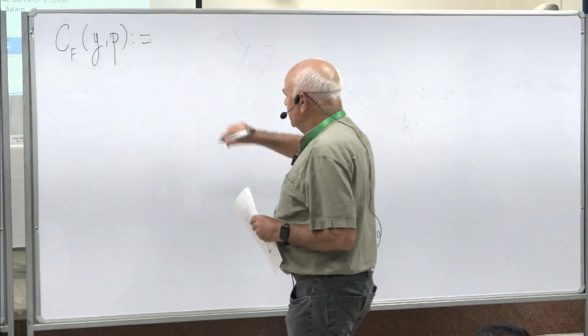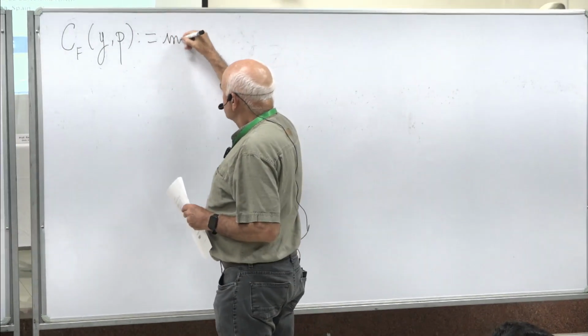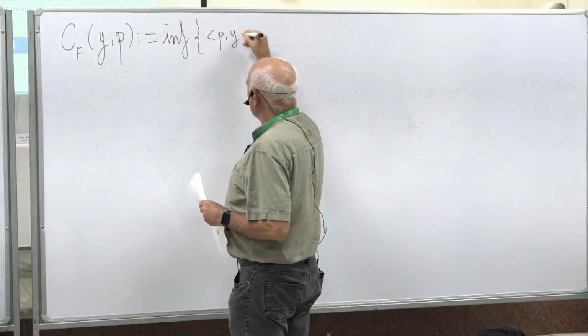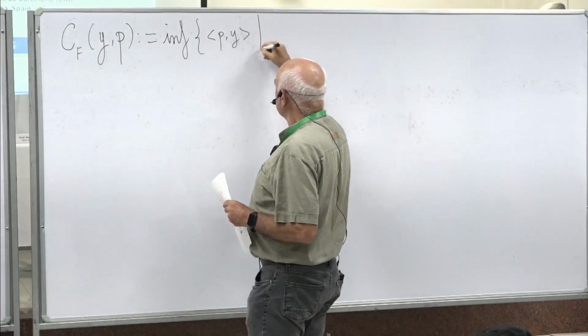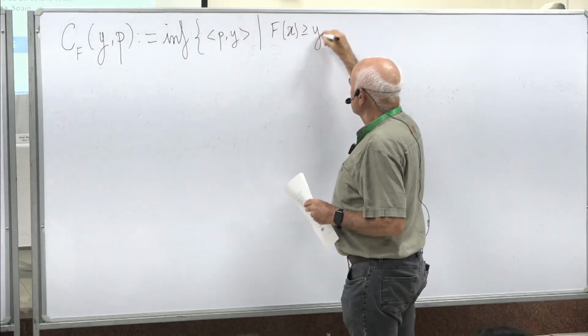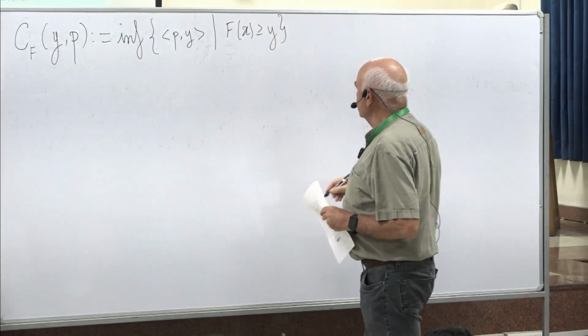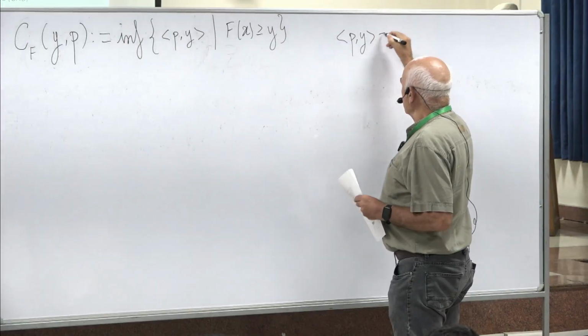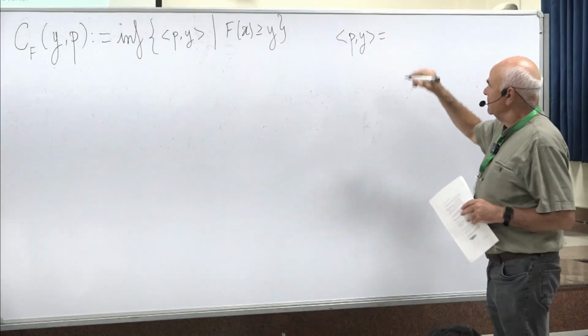Okay, so formally, this is the infimum of the inner product px subject to f of x greater than or equal to y. So here px is, as I said, the inner product.